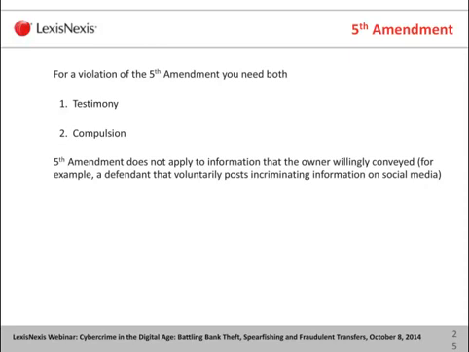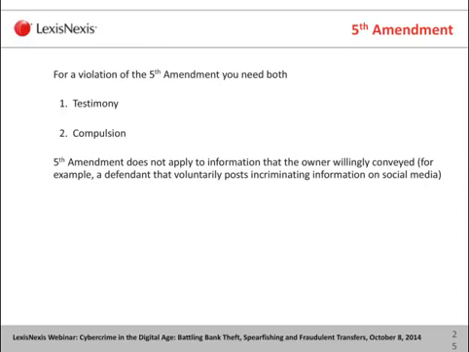Okay, so with respect to the Fifth Amendment, as I stated earlier, the Fifth Amendment states that no person shall be compelled in any criminal case to be a witness against himself. So basically, you need two requirements for the Fifth Amendment to kick in. You have to have testimony and compulsion. All right.